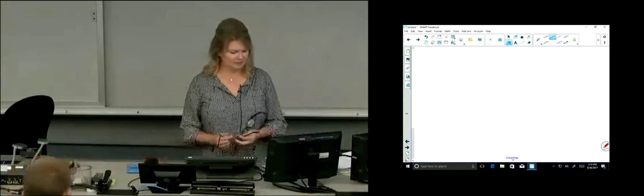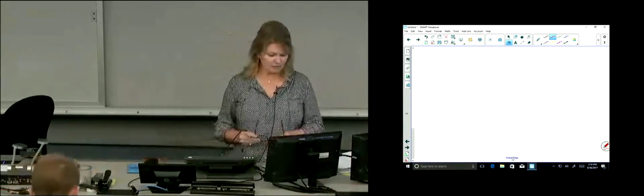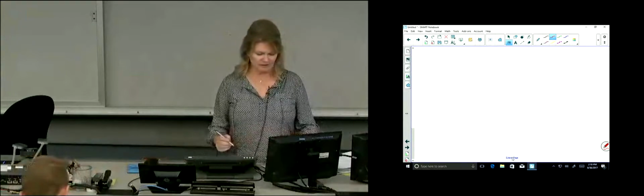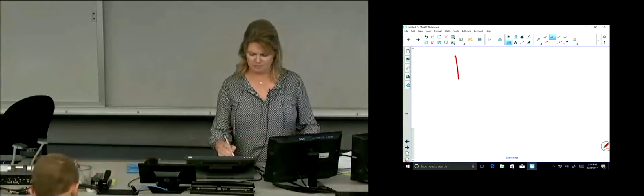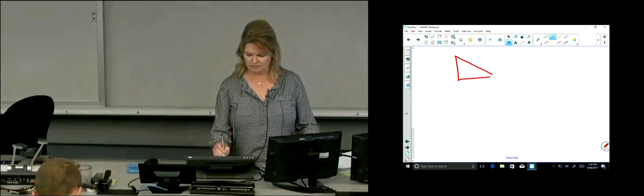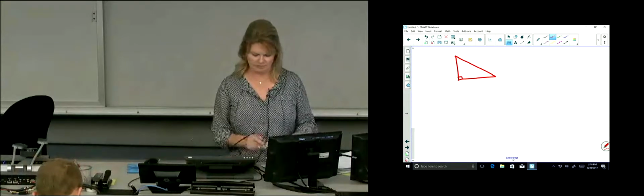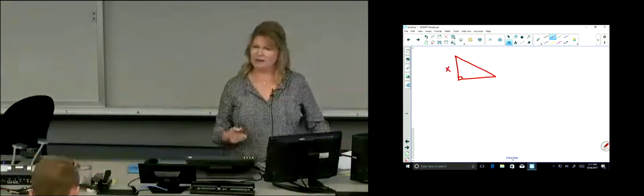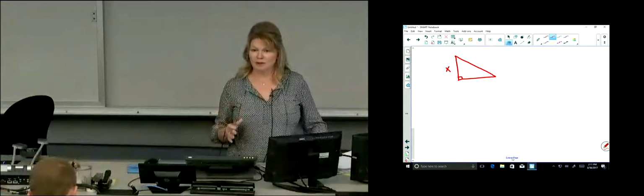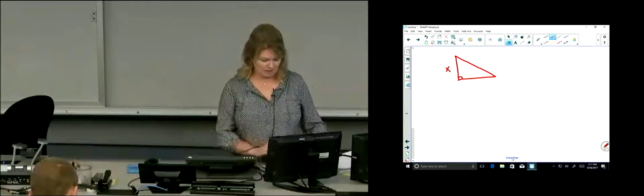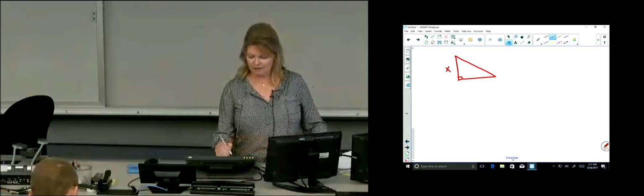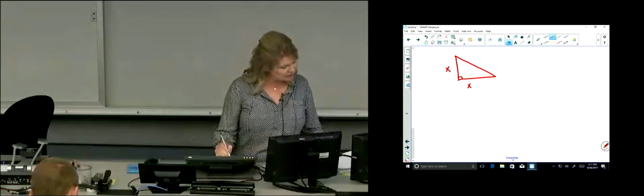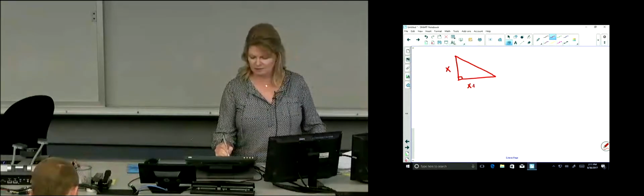All right, number 3. The lengths of the sides of a right triangle are consecutive even integers. It doesn't matter who you start with to call x, but I'm going to make sure that I have x, and they said consecutive even, so x plus 2, x plus 4.